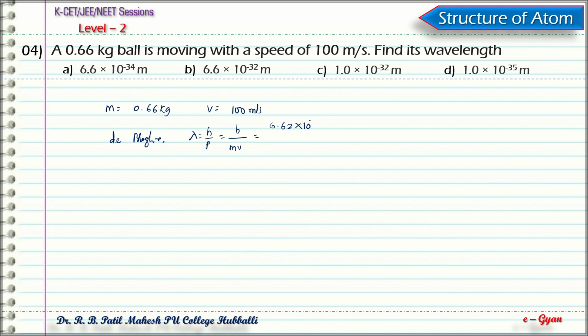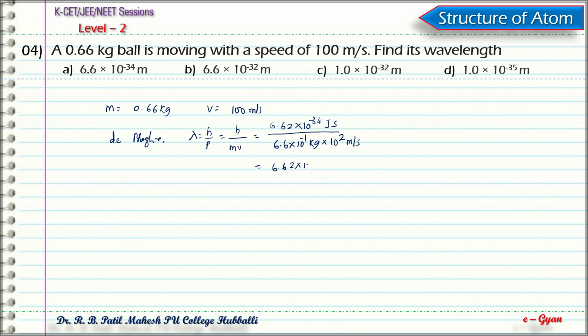6.62 into 10 to the power minus 34 joules seconds divided by mass 0.66 kg. I can write it as 6.6 into 10 to the power minus 1 kg into 100 meter per second. I can write 10 to the power plus 2 meter per second.